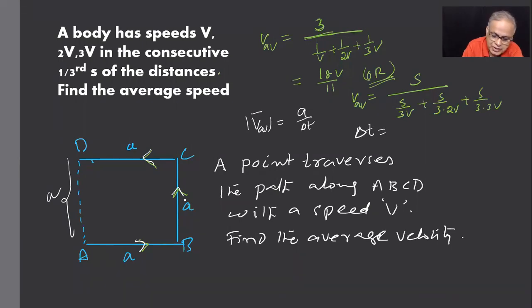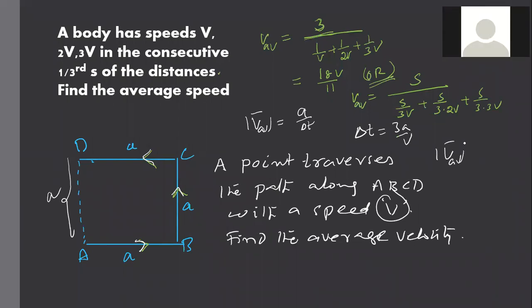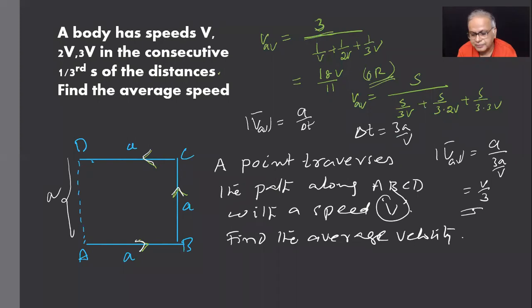A plus A plus A, 3A by V. So V average will be A by 3A by V, which is V by 3. Yes, sir.